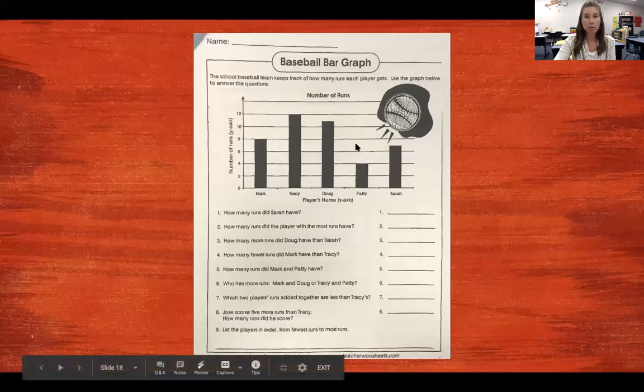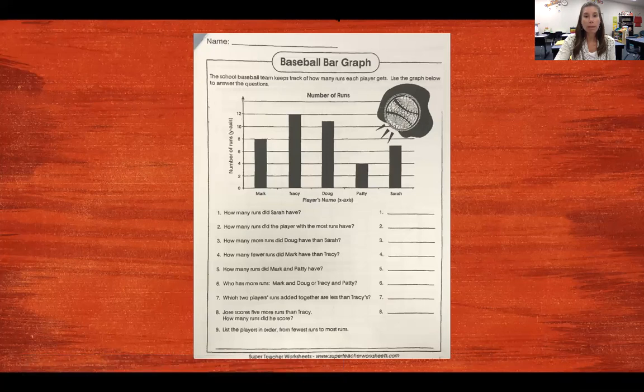Now for your second activity. We're going to turn the page here to the baseball graph. The baseball bar graph says the school baseball team keeps track of how many runs each player gets.